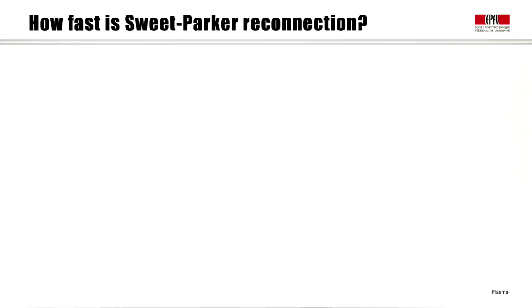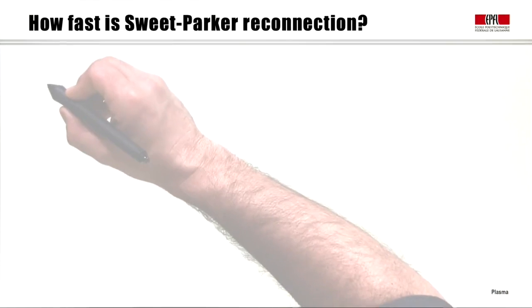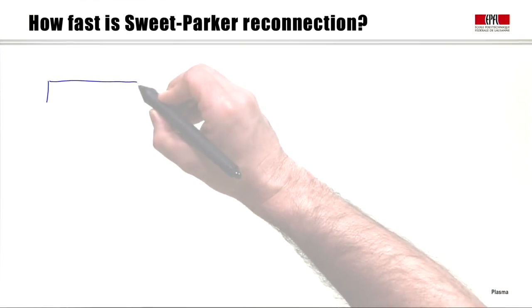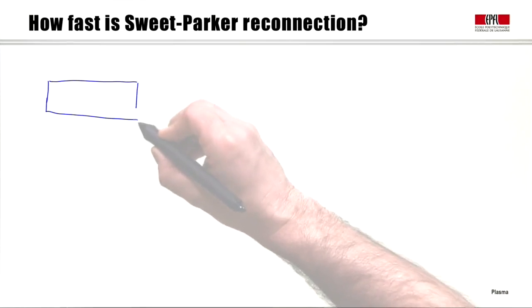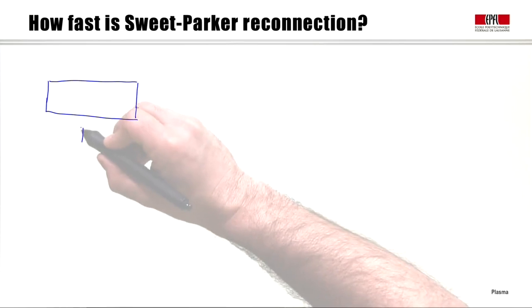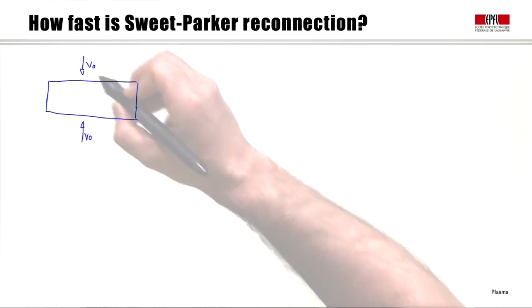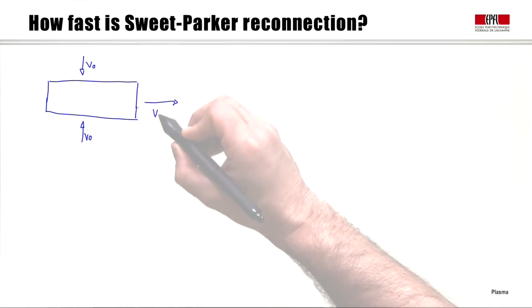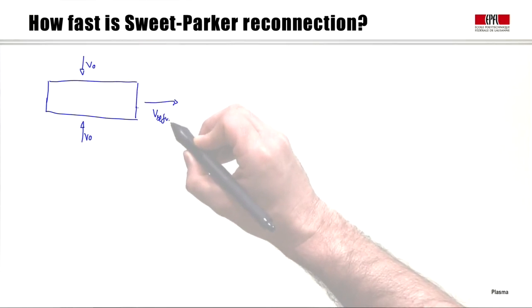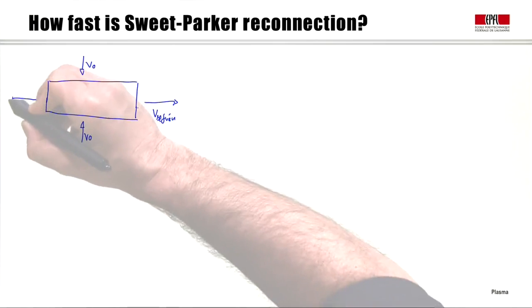How fast is this process? The plasma enters the current sheet at the velocity v0. This is also the rate at which the magnetic flux enters the current sheet. In this region, the plasma slips from the magnetic fields and flows out at the Alfvén speed along the current sheet.